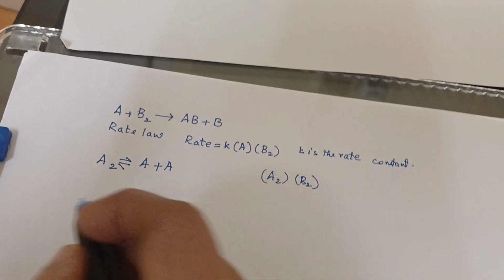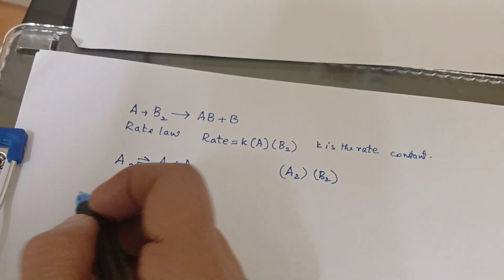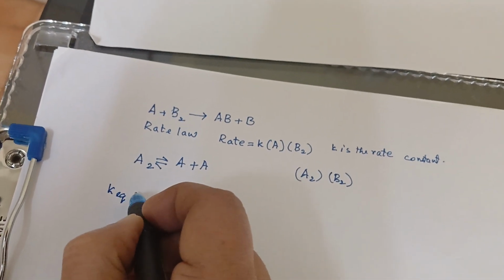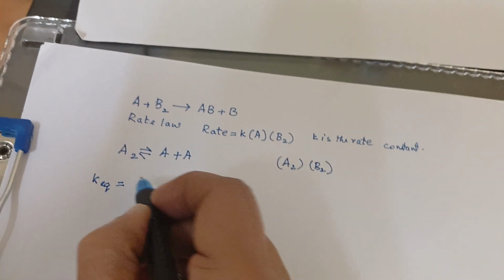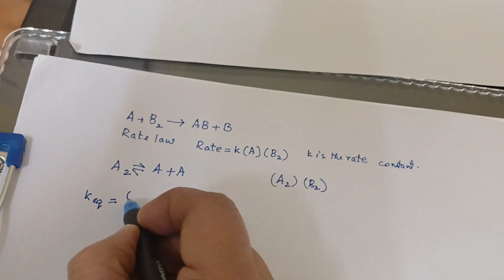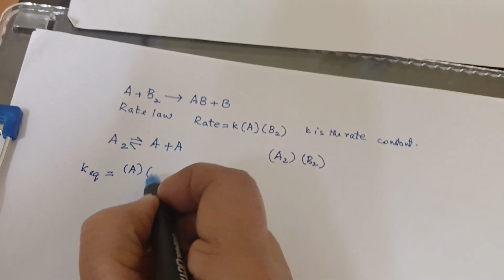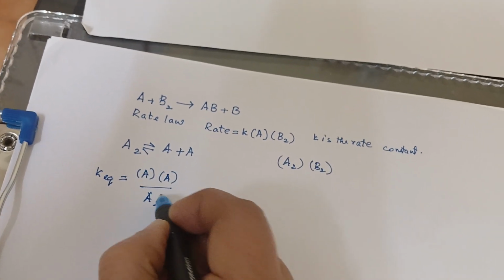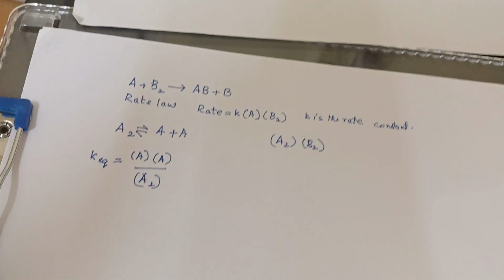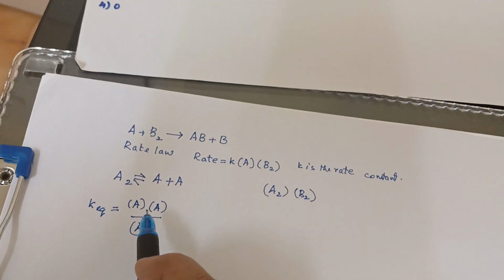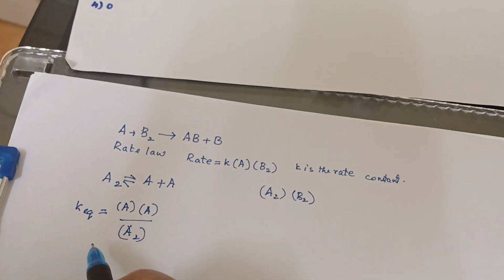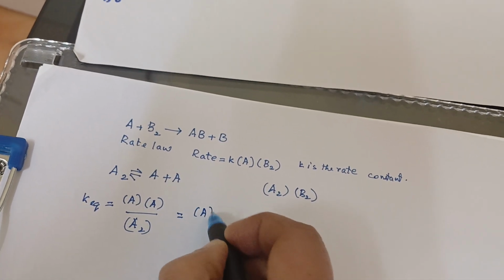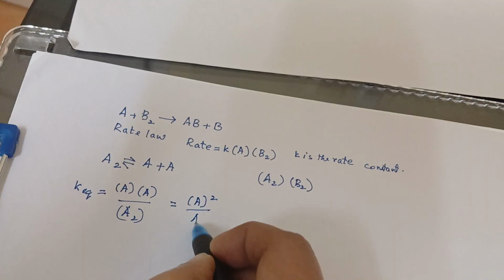And from this we can write that K equilibrium equals concentration of A into A by A2. Let us first rearrange it as A square by A2.